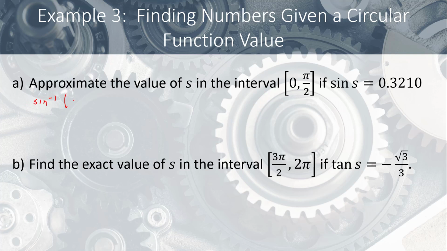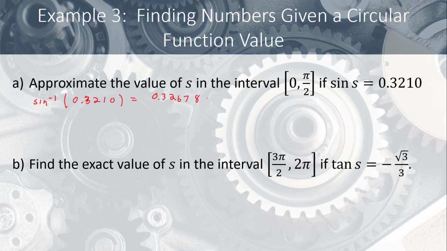Let me just go ahead and put the number in, 0.3210. And if we do, we will get 0.3267. Those are our 4 decimal places.